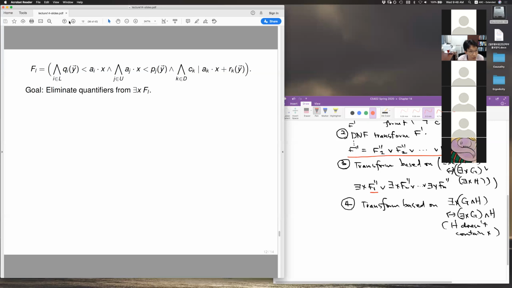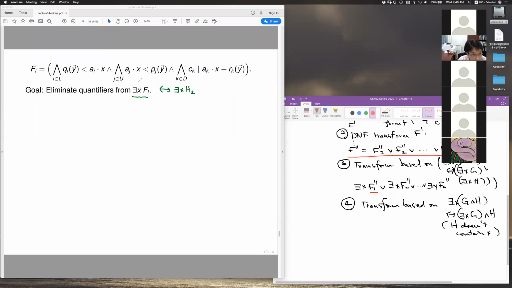Step number 1 is, in a sense, to replace exists X FL by another existentially quantified formula. So maybe I'll just write it here first. We will change this exists X FL to something else, exists X H, which is logically equivalent under the theory.